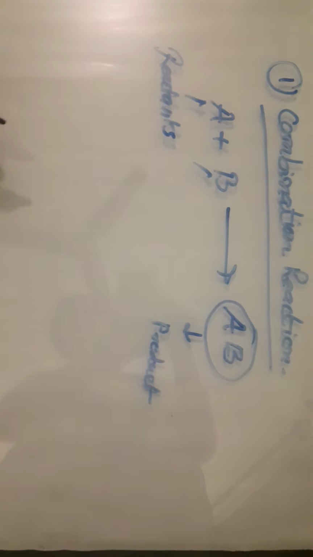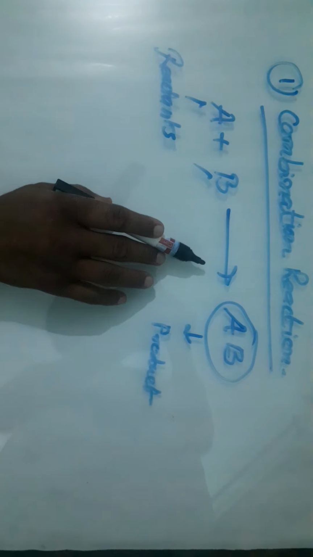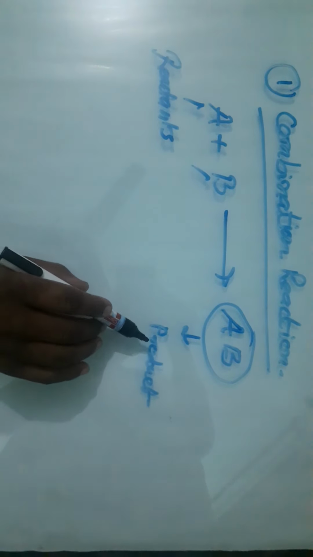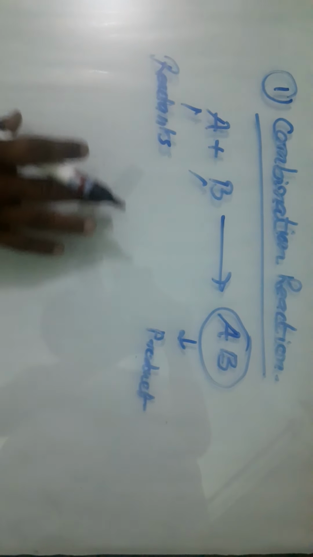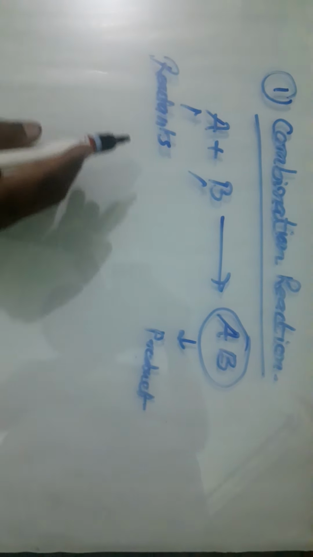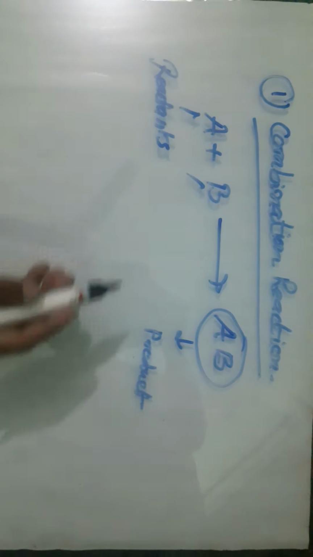Here we see two or more elements or compounds combine to form a single product, which is known as a combination reaction. In this type of reaction, a single product is formed.